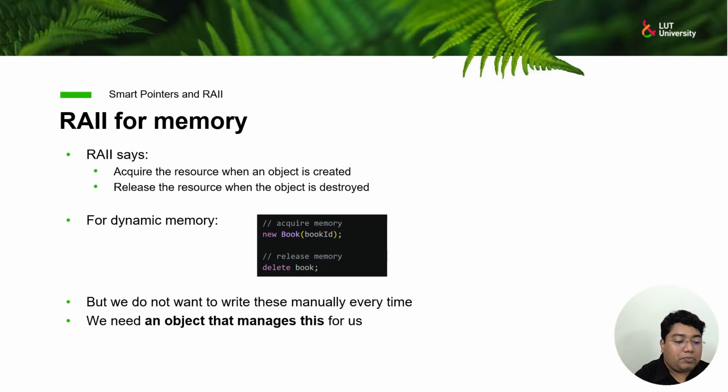That would become repetitive very quickly. Fortunately, the standard library already provides classes that do exactly this. These classes behave like pointers, but unlike raw pointers, they automatically release memory when they are destroyed. Those classes are called smart pointers. They are simply RAII applied to dynamic memory.